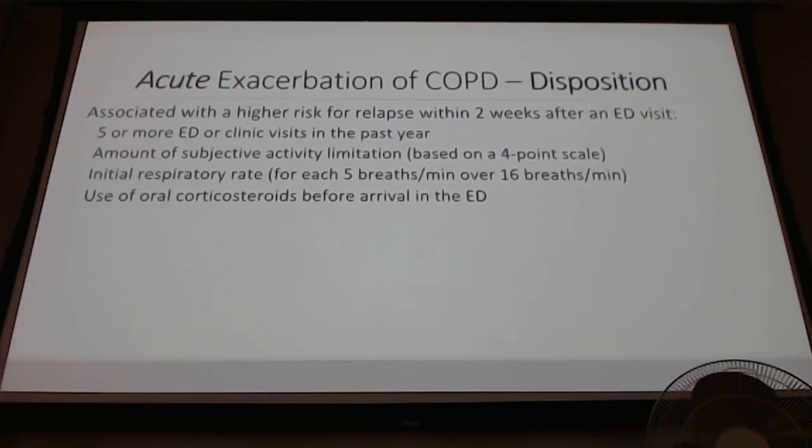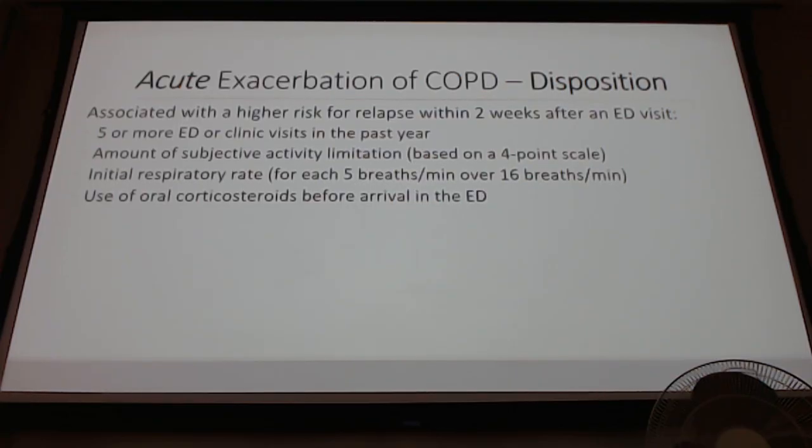So what's our disposition? Patients with acute exacerbation have a higher risk of relapse. We can use stratification on activity limitations, what's their initial respiratory rate. For most of these patients, if we see signs of improvement, we do what we call a walk of life, where we check their SpO2 as they're ambulating and performing their activities of daily living.